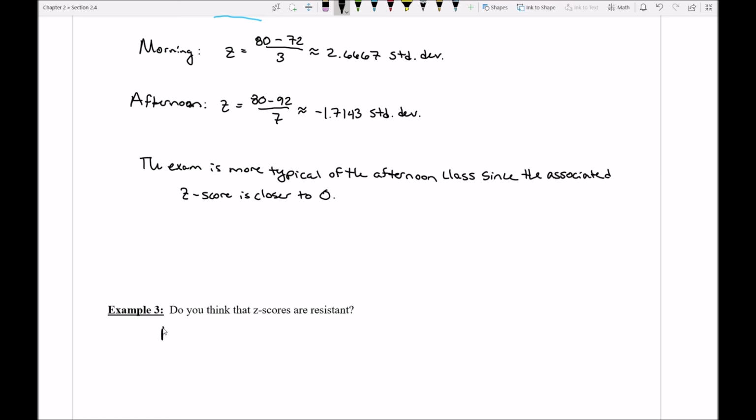And we can hopefully recall the answer to that was no. So since a z-score is built from means and standard deviations, it is not resistant. There's no way it could be resistant because the mean and the standard deviation aren't resistant.